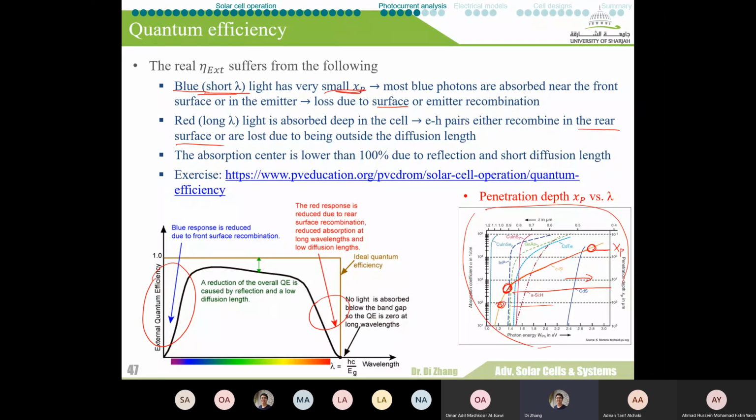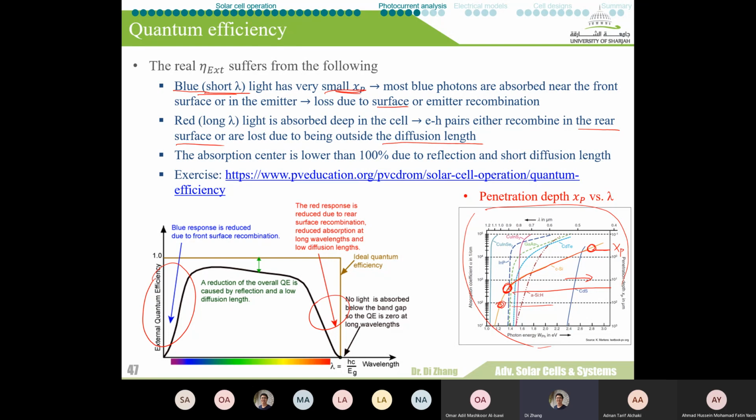Also, near the back surface is typically very far away from the space charge region of the solar cell itself. So remember that you also have to consider the diffusion length. If the distance is longer than the diffusion length, then you have a very high chance of losing the electron-hole pairs here.